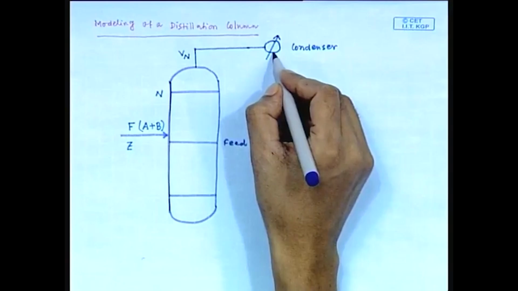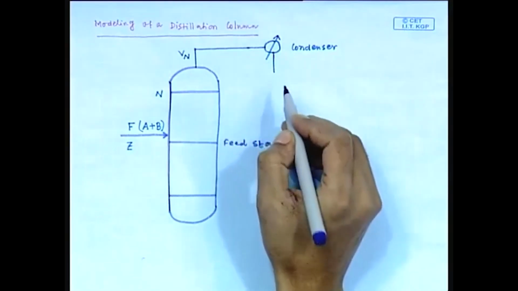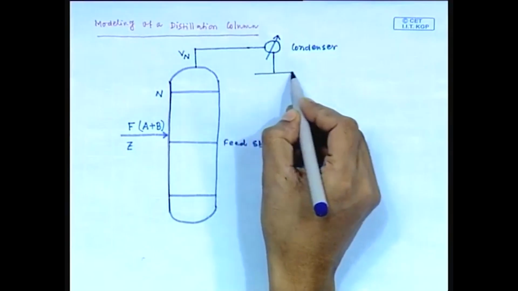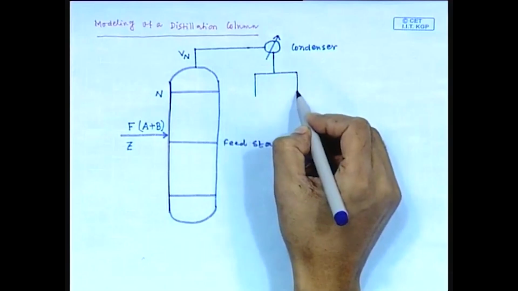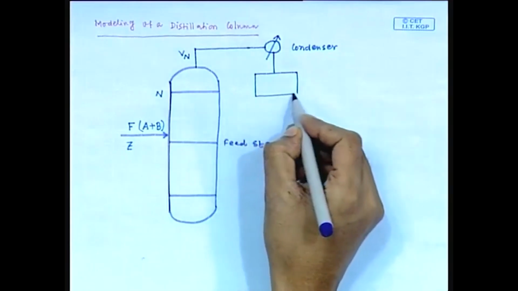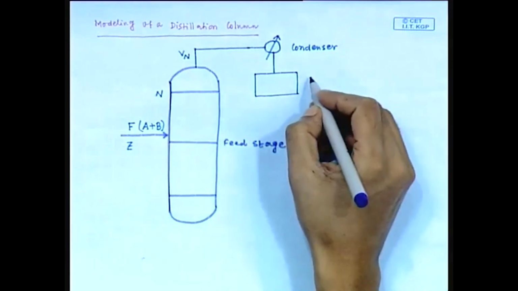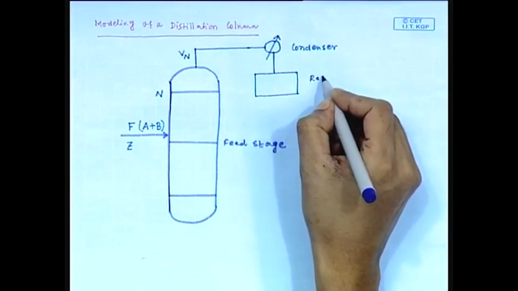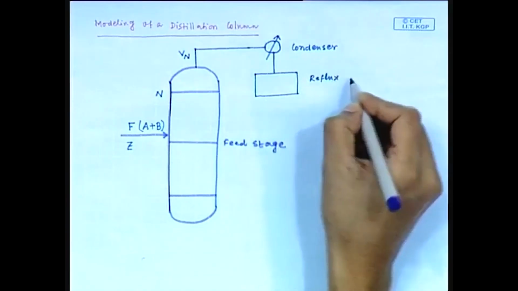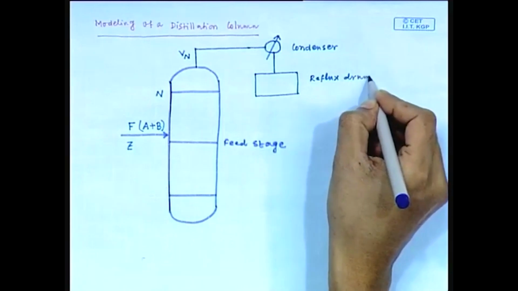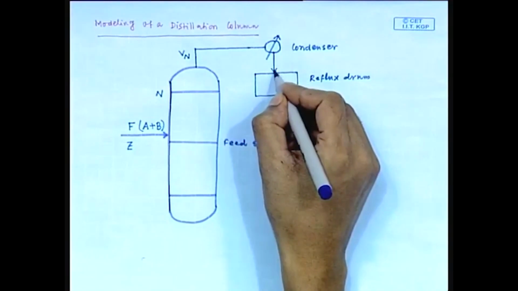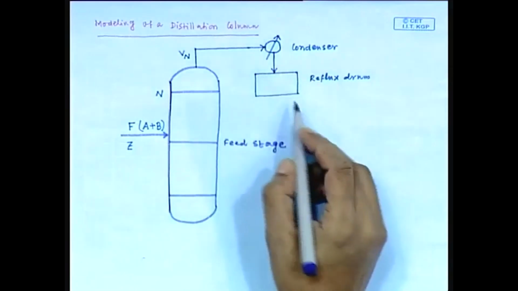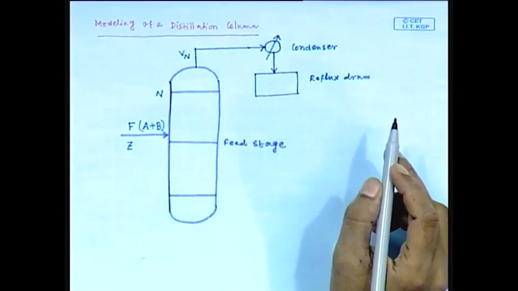After condensation, the produced liquid, condensed liquid, is accumulated in a drum. This is called reflux drum.